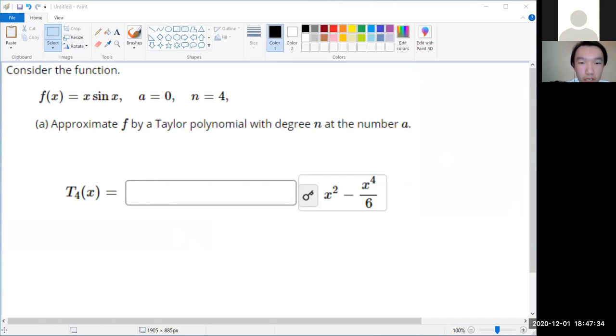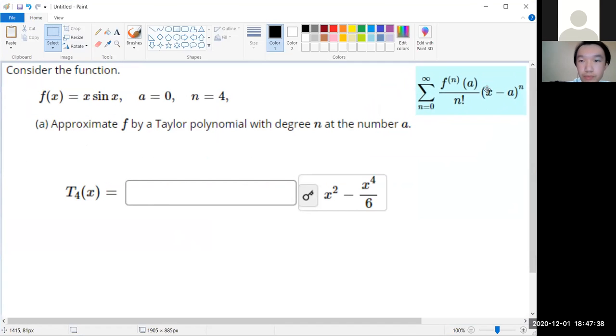Let me paste the Taylor series formula. There it is. Here we're saying approximate the function with a Taylor polynomial of degree n. What's n? 4. So they're asking for a Taylor polynomial of degree 4, so essentially we need to find T sub 4 of x again.